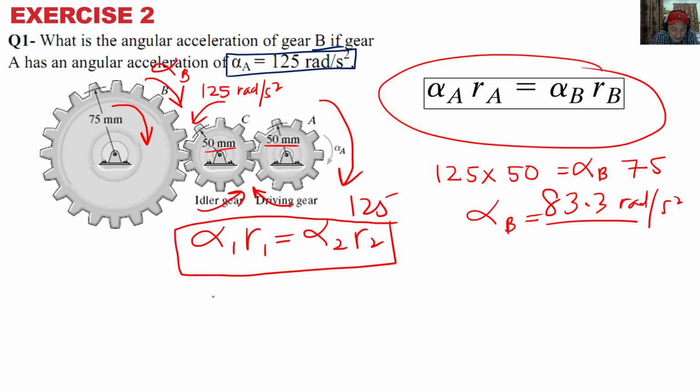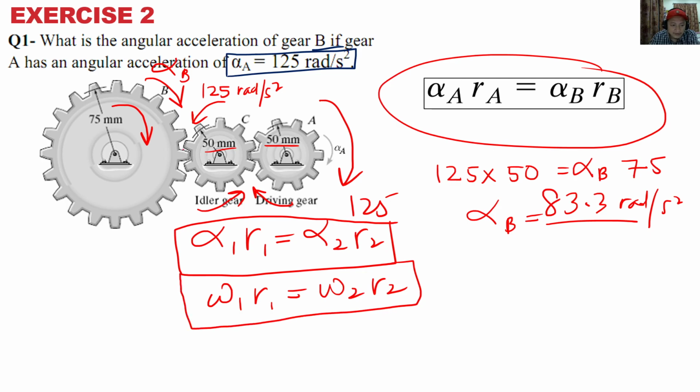And if you're looking at velocity, omega 1 R1 equals omega 2 R2. If you are looking at gears, the teeth sizes are all the same. You cannot have one gear with bigger teeth and the other with smaller teeth. The teeth will all be the same size.